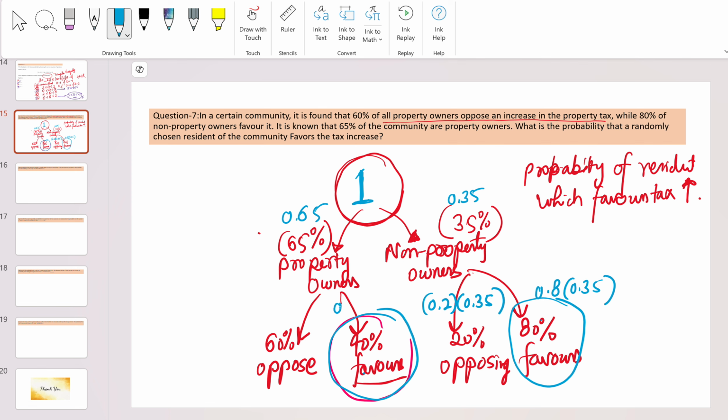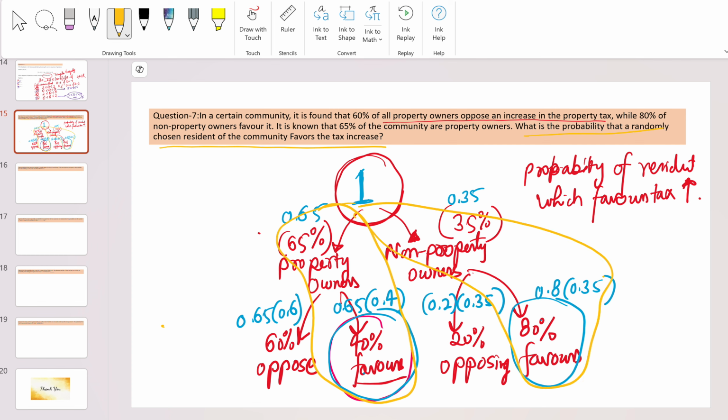This will be equal to 0.65 times 0.4 and here 0.65 times 0.6. So when you see the hierarchy, it says what is the probability that a randomly chosen resident of the community favors the tax increase? Favors means this part and this part. Okay, so just add these two values, that is simply 0.8 times 0.35 plus 0.65 times 0.4.